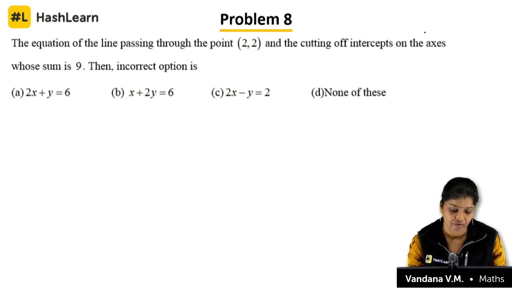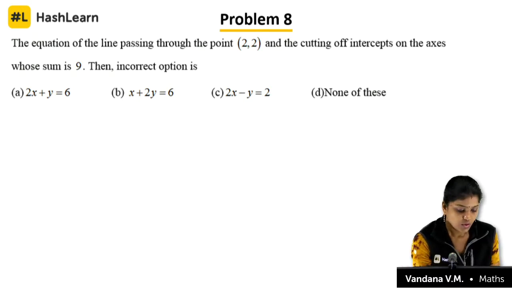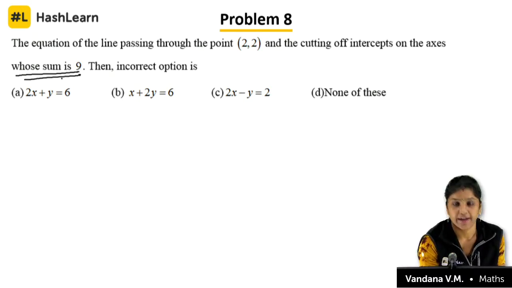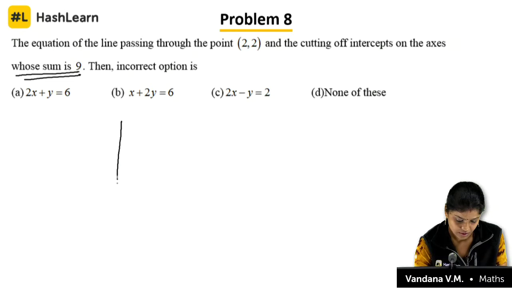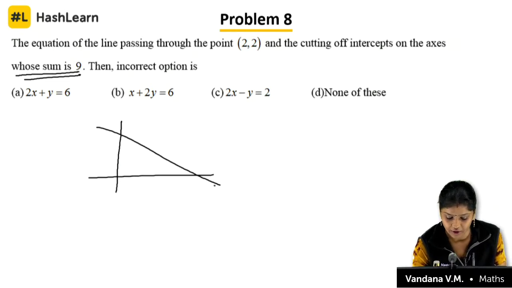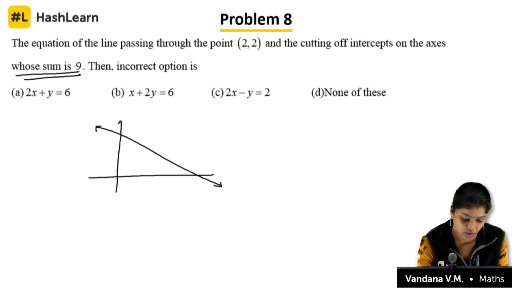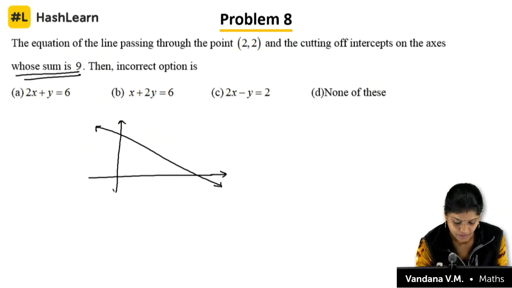The equation of a line passing through the point 2, 2 and cutting off the intercepts on the axis whose sum is 9. See, cut off the coordinate axis means like this only. Origin, x-axis, y-axis.